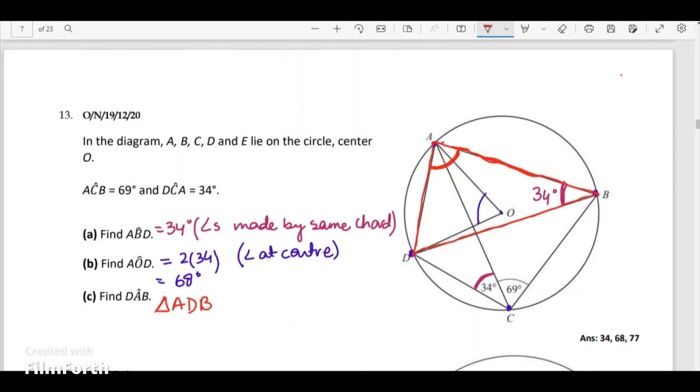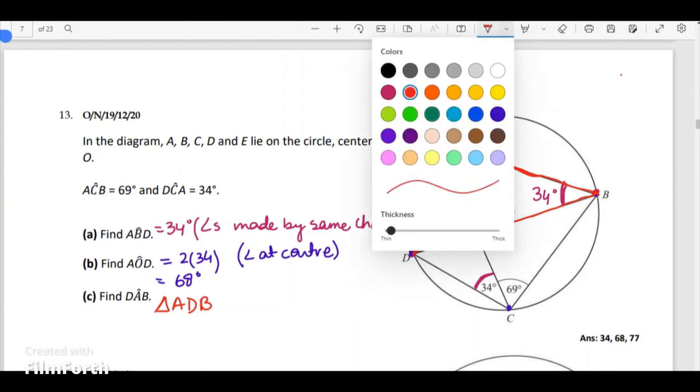So this is the angle we are interested in, and in this triangle we already know this angle B, that's 34 degrees. So if only we figure out this angle right here as well, we would be able to apply the angle sum of triangle. So let's try and see if we can figure out this angle that's been made at D. Now this angle that's being made at D, this is coming from the chord AD. Let's use this green color.